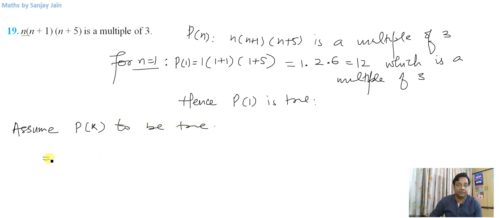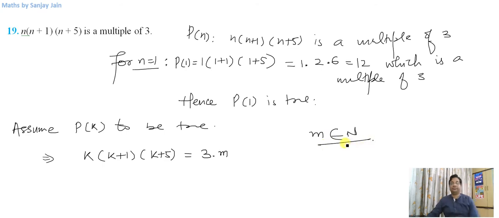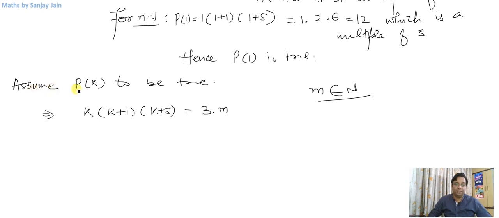Then I can say k into k plus 1 into k plus 5 is a multiple of 3, or I can write it as 3 into some integer m, where m belongs to positive integers, or let us say natural numbers. Because P of k we have assumed to be true, so k into k plus 1 into k plus 5 is a multiple of 3. So I have written it as a multiple of 3. So m belongs to natural numbers here.